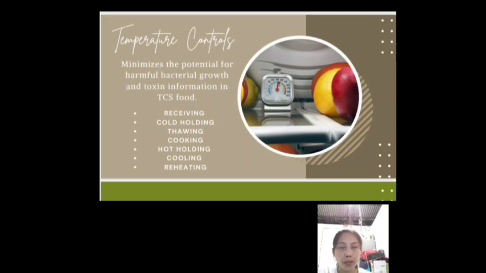The next one is hot holding. So if ever human na kag-prepare sa imong food or ready to serve na ang imong food, just make sure that you keep it above 60 degrees Celsius. So para makontrol ang pag-multiply of bacteria in hot food.